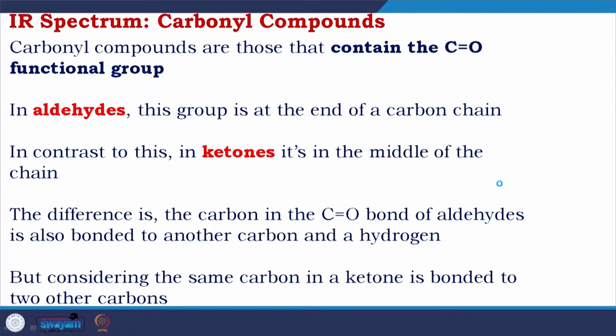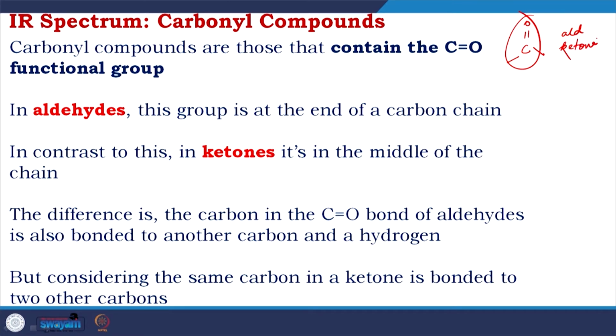So, carbonyl compounds are those that contain the C double bond O functional group. Among them we know that there are, this is the carbonyl group. Now, you have CHO aldehyde and ketone COR.